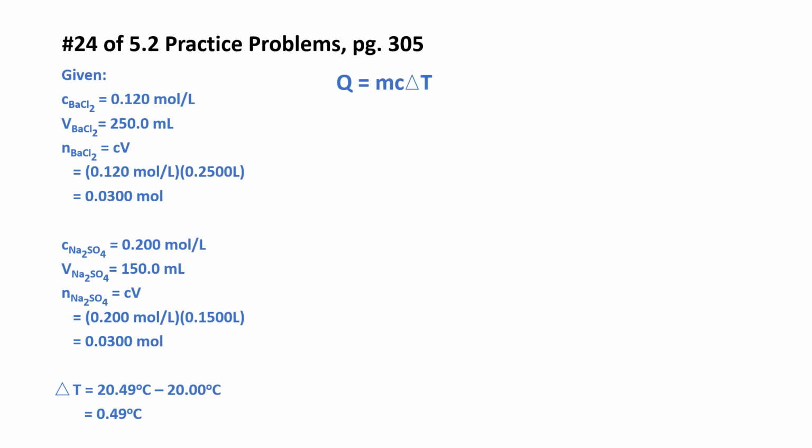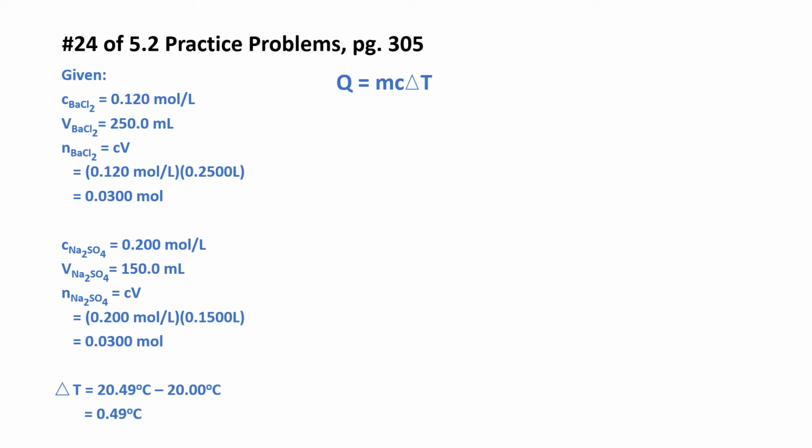Now the mass that we are going to use is going to be the combined mass of the volumes of barium chloride and sodium sulfate. We can assume in these types of calculations that they are going to have the same density as water, therefore the same mass as water.